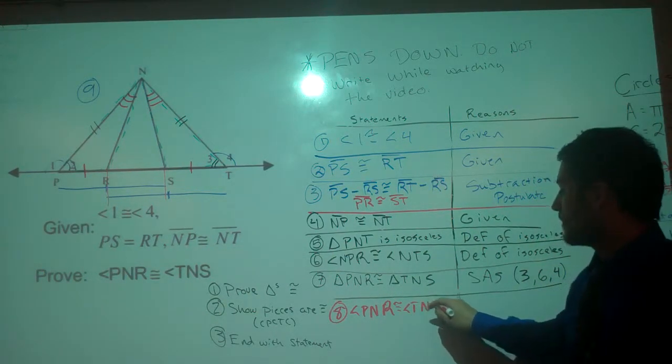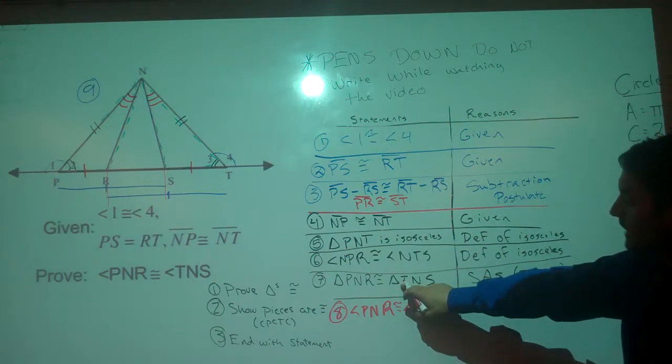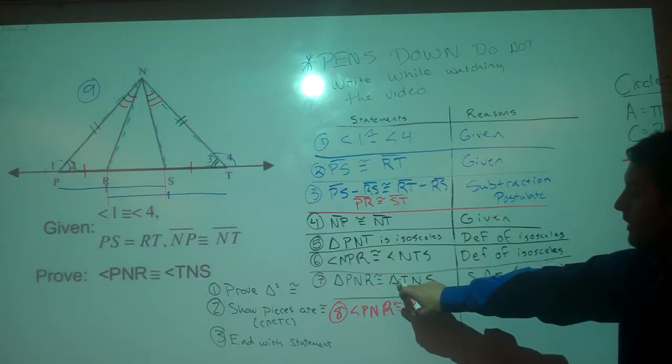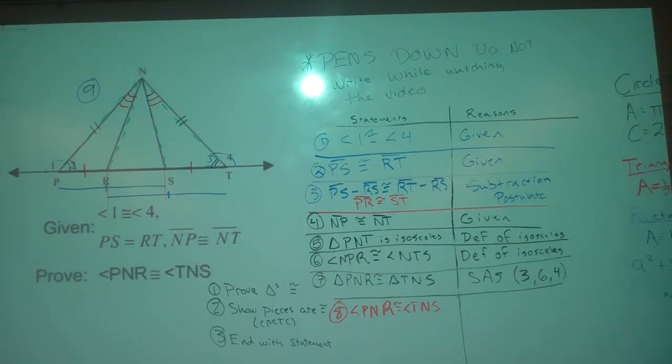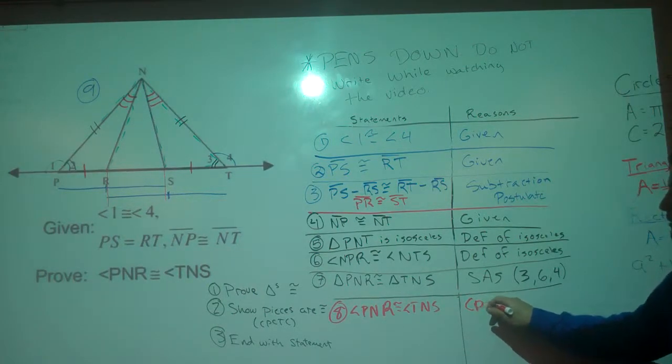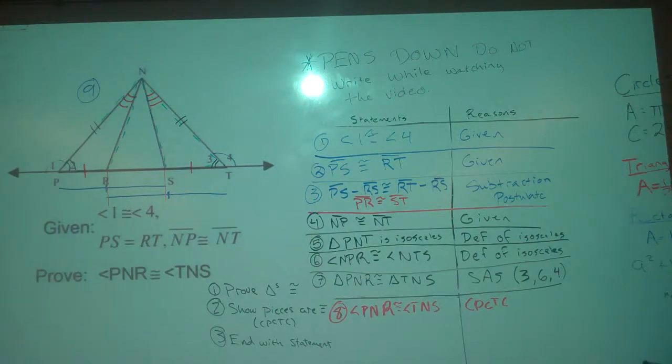I am using the angle symbol, so notice I am not talking about triangles anymore. I am now talking about angles, which is different than what I was saying in step 7. These angles are the same because the triangles are the same. If the triangles are the same, then the pieces that go together must be the same as well.